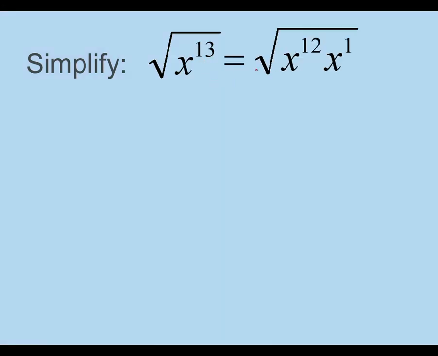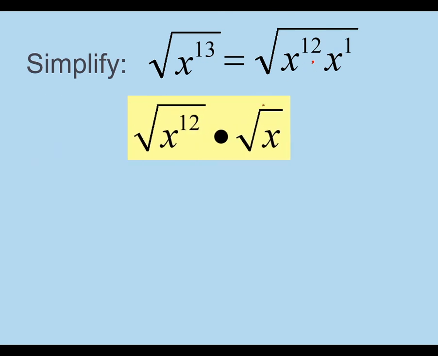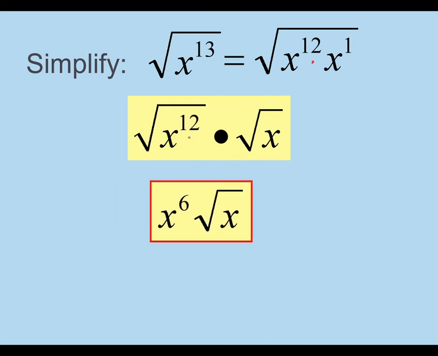How about hindi sakto? Kung hindi sakto, i-separate nyo lang yung sakto at sa hindi. Di square root of 12 times square root of x. So, meron lang kayong square root of 6 times square root of x. Hindi nyo na masisimplify yung isa.